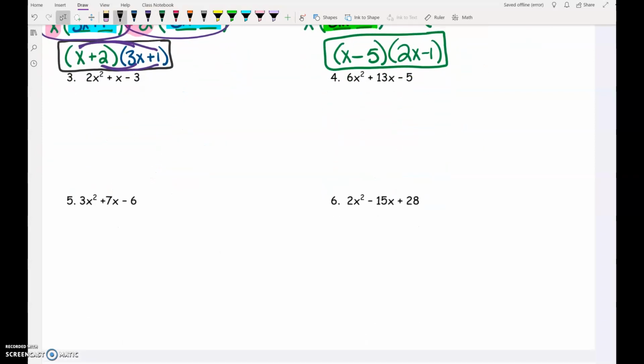Okay, let's get started on number 3, and then I'll let you try it on your own. Remember, you have to multiply your first number times your last number, your A times your C. So we are looking for two numbers that multiply to give us -6 and add up to 1. Did you get -2 and 3?